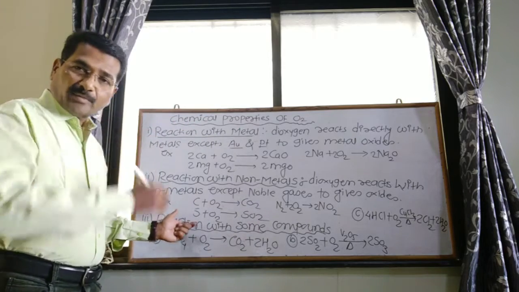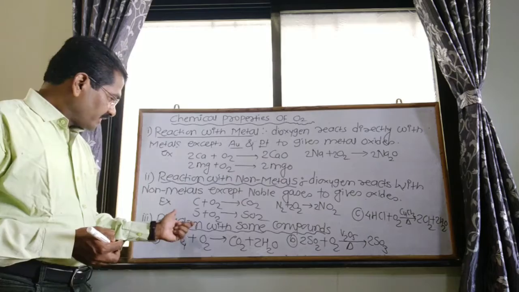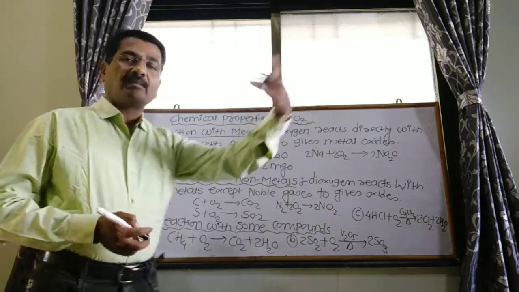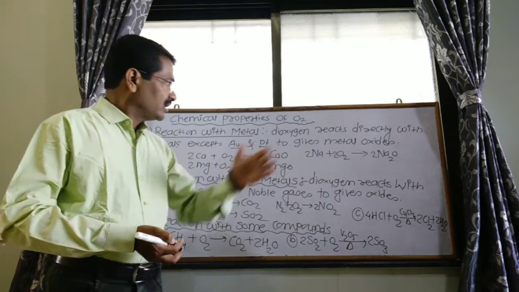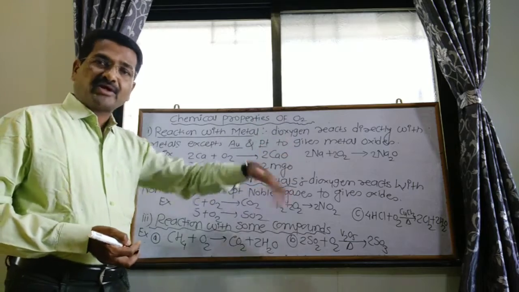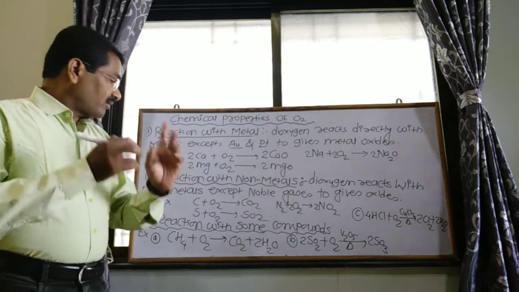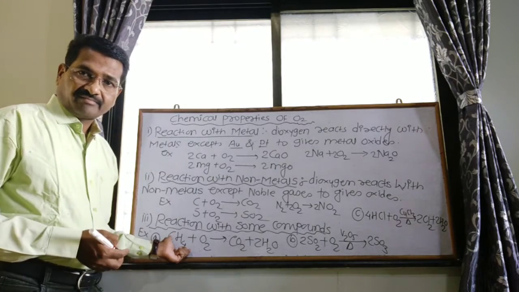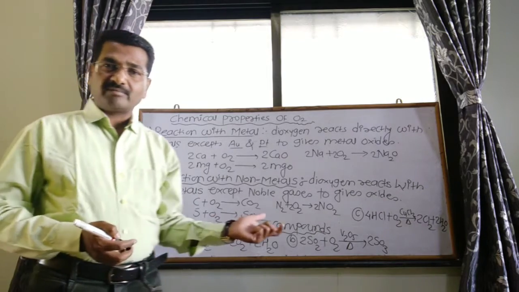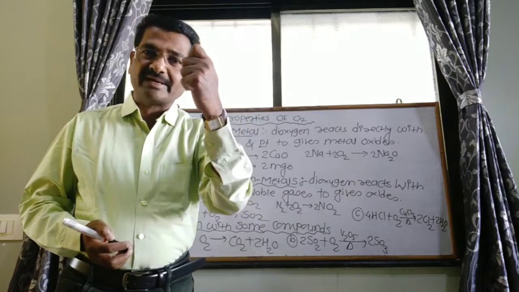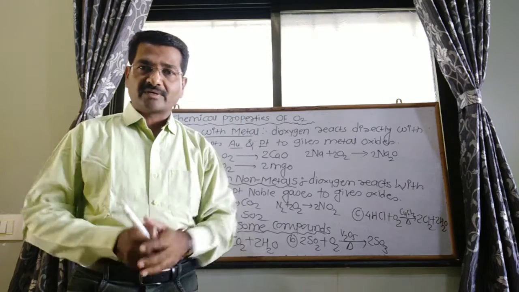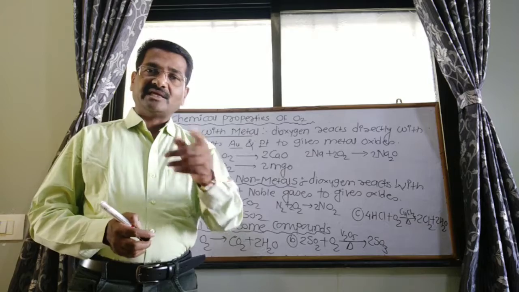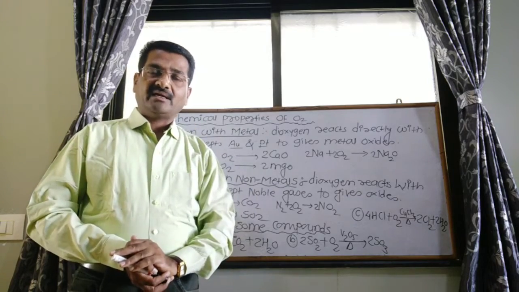Then the third chemical property of dioxygen is its reaction with some other compounds, beyond metals and non-metals. Dioxygen reacts with hydrocarbon compounds. Which compounds? Those made up of carbon and hydrogen are called hydrocarbons. That may be methane, ethane, propane, butane, pentane, any.